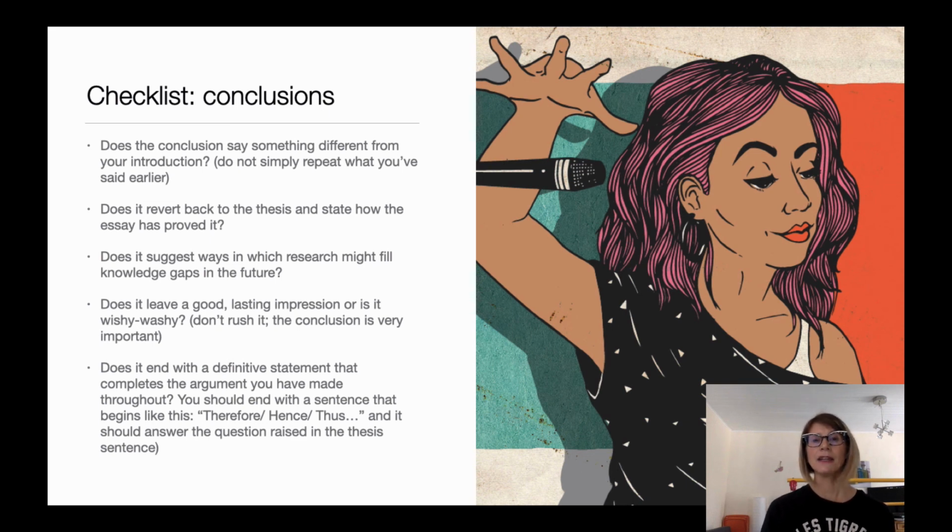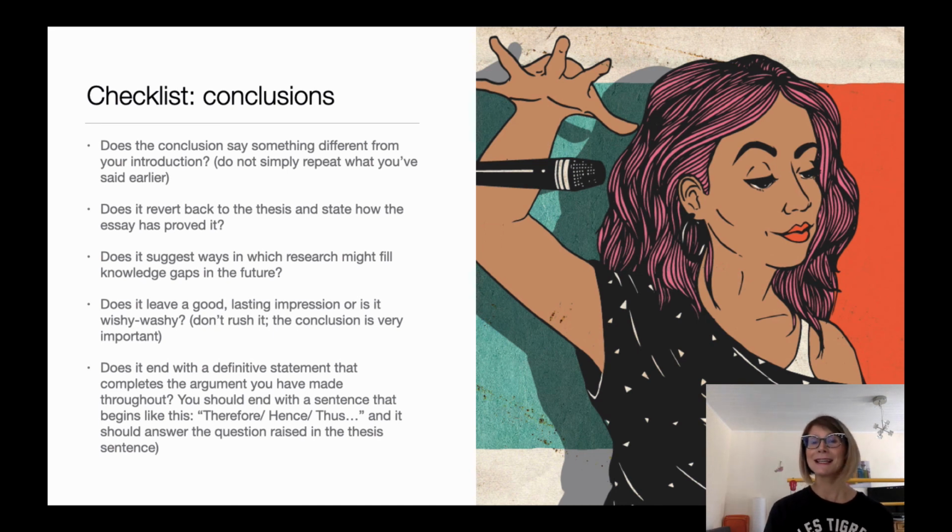Something like a therefore statement or a hence or a thus statement. And it should answer that question raised in the thesis sentence. Okay, so bring it back to that thesis sentence in order to end. Very often it's difficult to end our essays. We're not quite sure where that should happen. It should happen just as you would end an argument that you might have with a loved one, where you go, and that's the reason why I'm right.